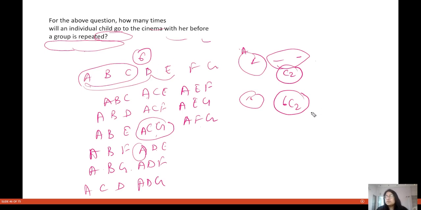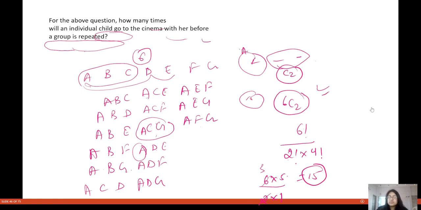So you can do this in 6C2 ways. That will become factorial 6 divided by factorial 2 into factorial 4. So that is 6 into 5 divided by 2 into 1, so you get this as 15. I hope you understand how we can do this in formula way.